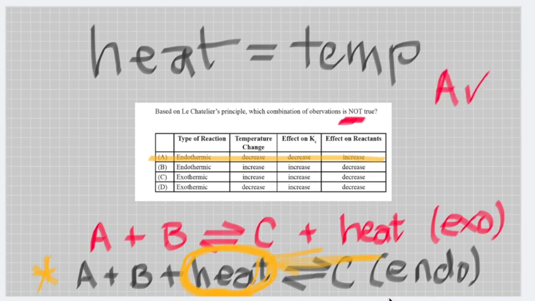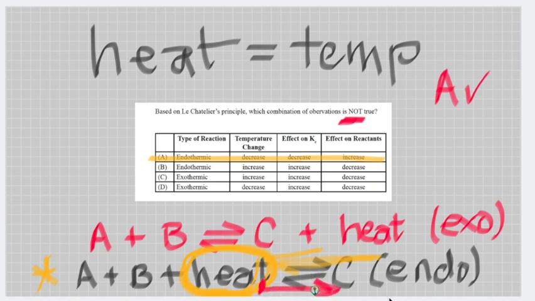Now let's look at B. B is also an endothermic process, but if you notice, temperature change now is an increase in temperature, so we're giving more heat on this side here. Temperature and heat being seen as the same thing. And if we give more of this, the system would move to go in this direction and use that up.